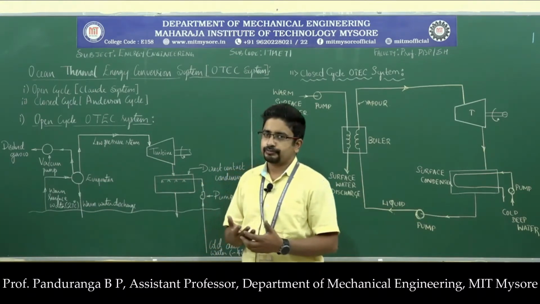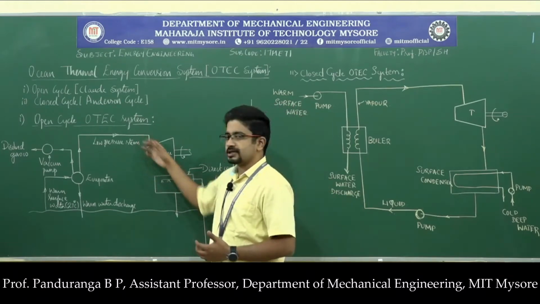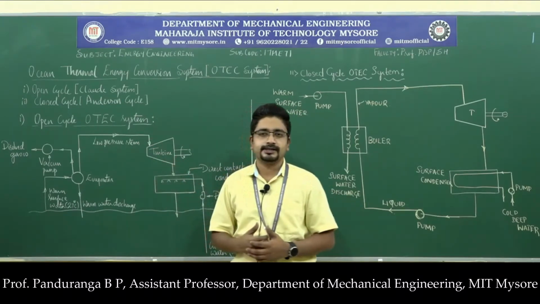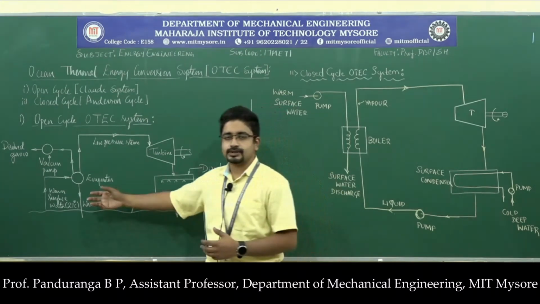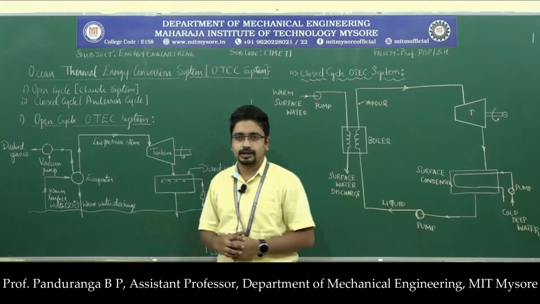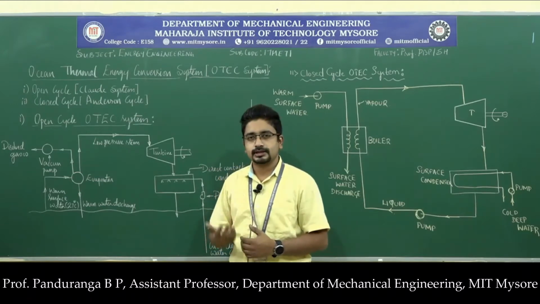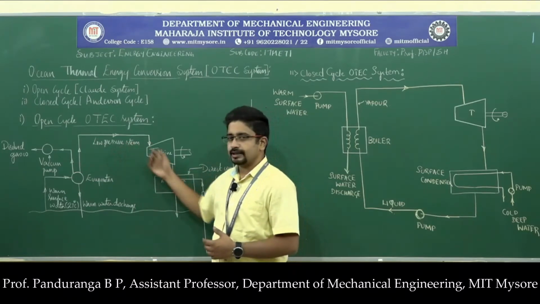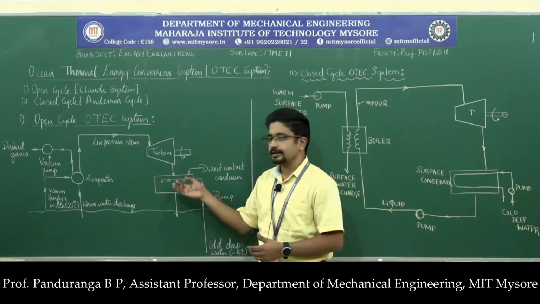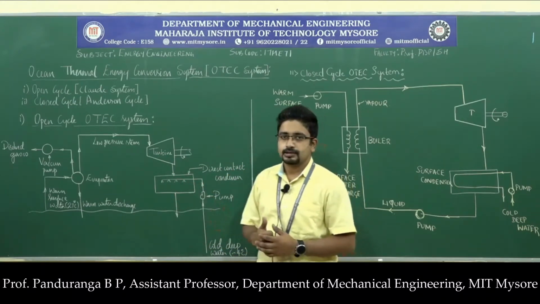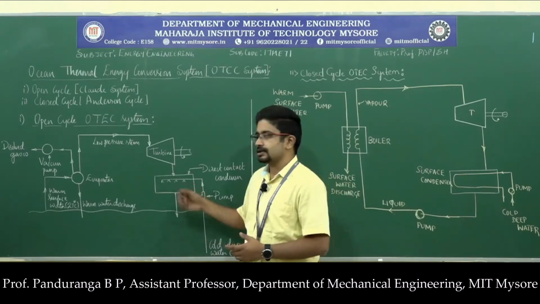For a turbine, the pressure difference across the turbine is the amount of energy which we can extract. Since we are using a flash evaporation system here, the pressure of the steam when it enters the turbine will be lower than the atmospheric pressure, so we need to maintain a still lower pressure. For that purpose, we have a condenser here.